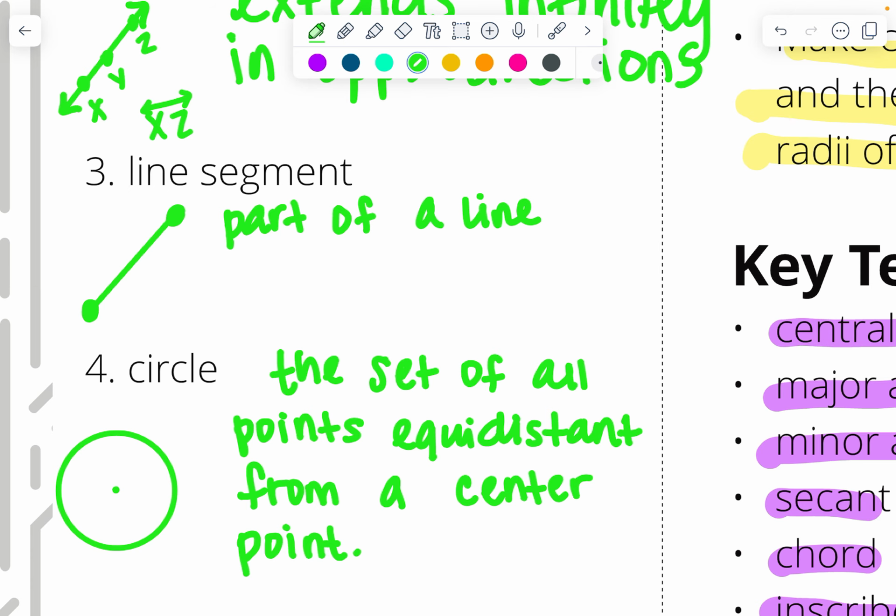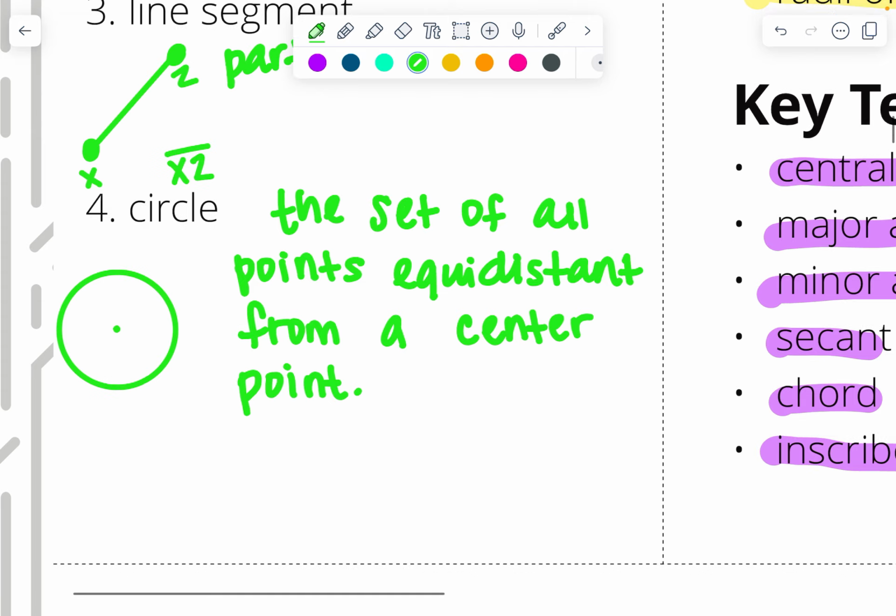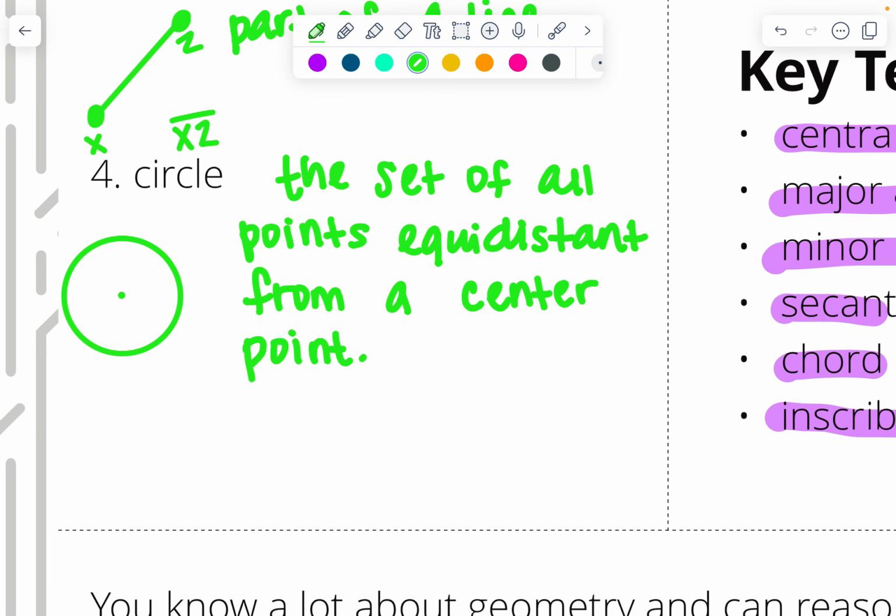It has 2 endpoints, and again, you name a line segment with 2 points, and you use the endpoints to name it. Put the line on top with no arrows, and then a circle is a set of all points that are the same distance from a center point, and you name it by the center. So you would call this circle O.